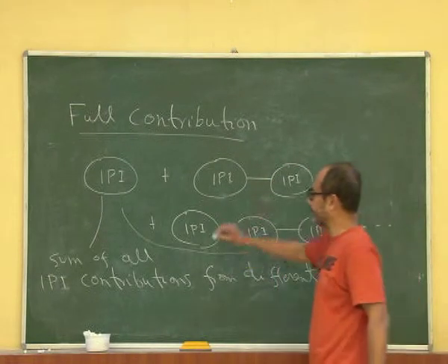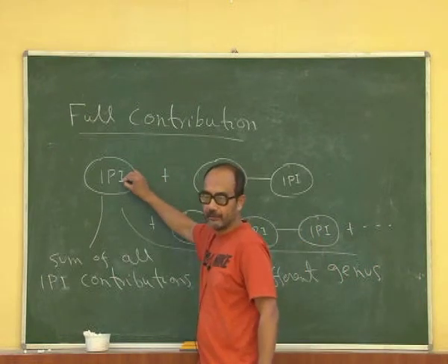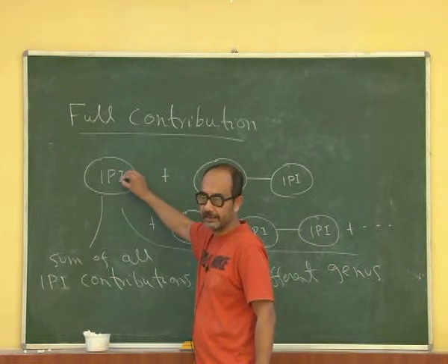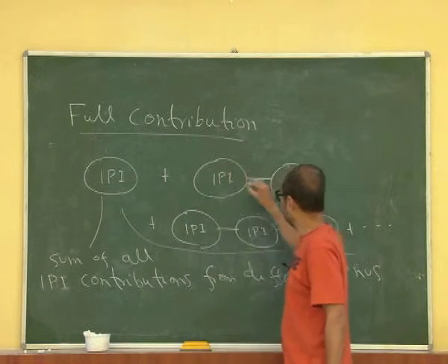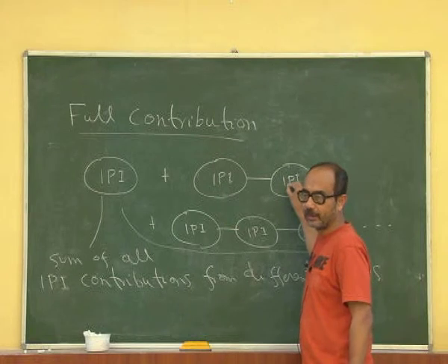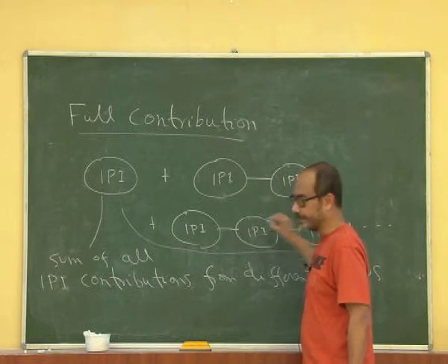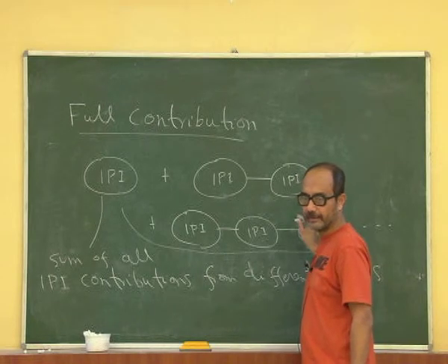Okay, so this contains a part of genus 1 contribution, genus 2 contribution, genus 3 contribution. All the 1PI contributions are dumped here. Each of them contains again genus 1, genus 2, genus 3, etc. Okay, but joined by a single plumbing fixture. This is the one that you get by joining by 2 plumbing fixtures and so on.